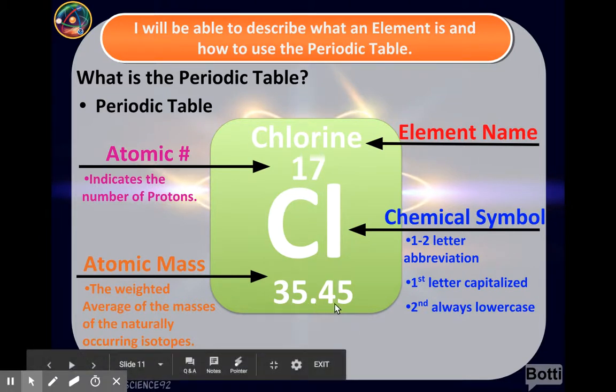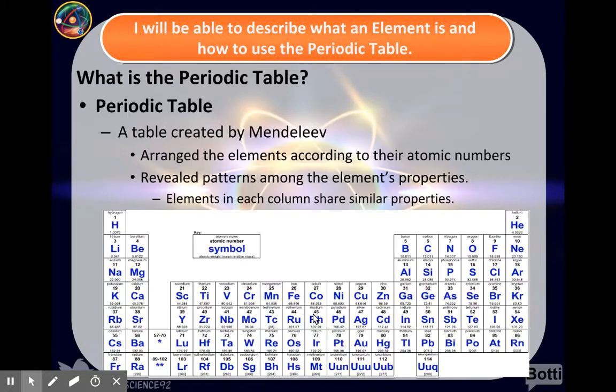So that average is going to work out to an atomic mass of 35.45. That doesn't mean we have pieces of parts of neutrons. That just means this is the average mass. It's going to be between 35 and 36.